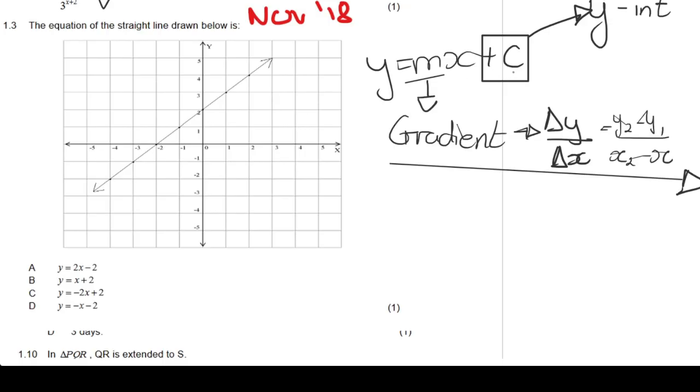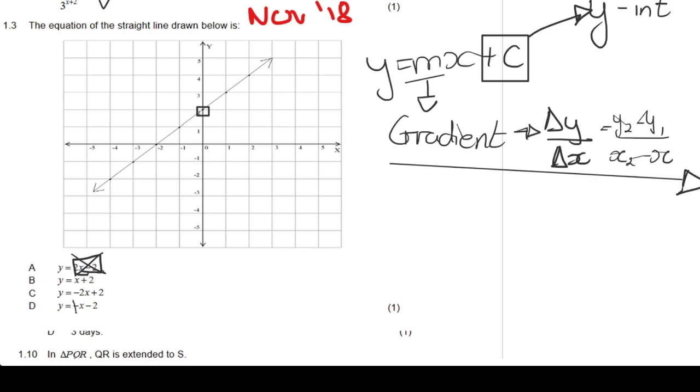Y-intercept, which is c. On this graph, this is the y axis, and the value intercepting this axis is 2, right? Positive 2. So this one here is incorrect because that's a negative 2.